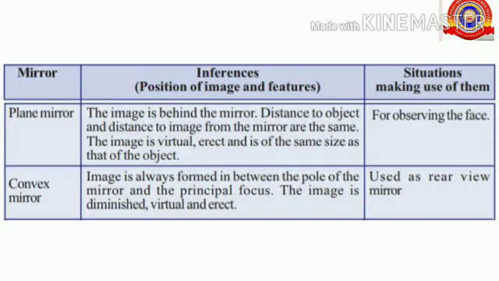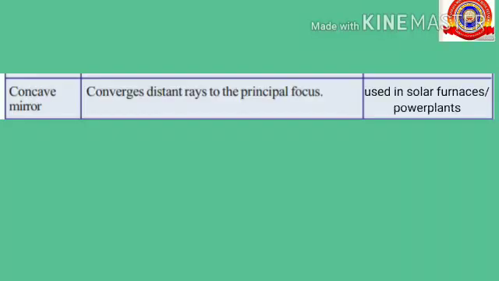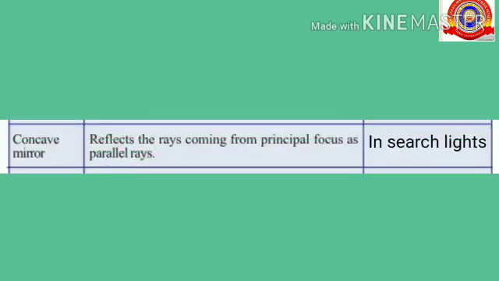Next we are going to study concave mirrors which converge distant rays to the principal focus, and this type of mirror is used in solar furnaces and in power plants. The next one is the concave mirror which reflects the rays coming from the principal focus as parallel rays. This type of mirror is used in searchlights.